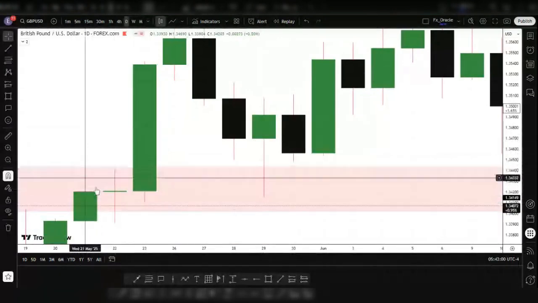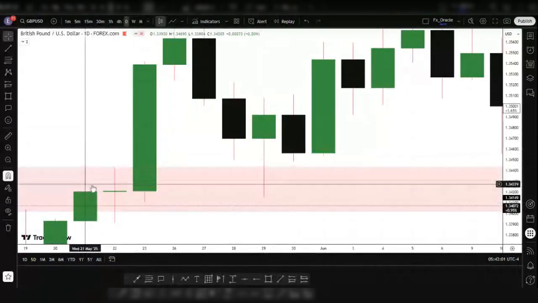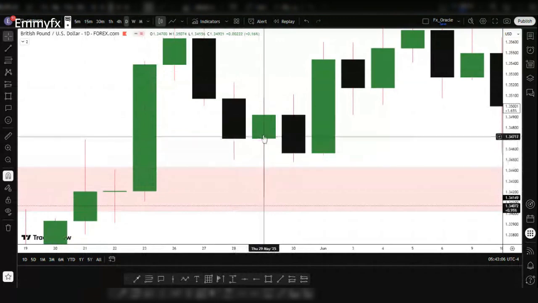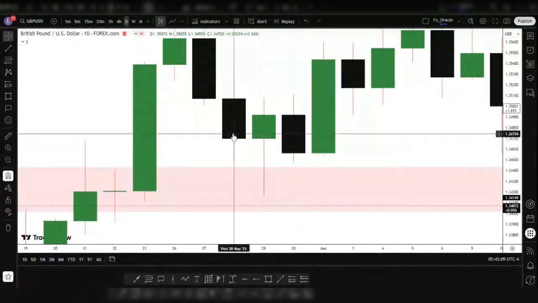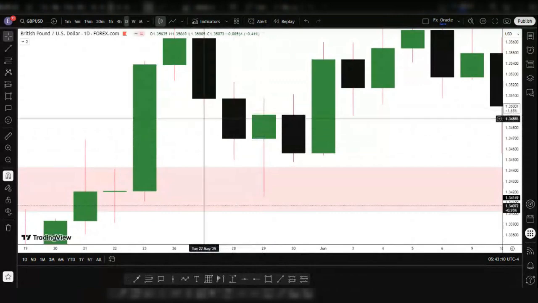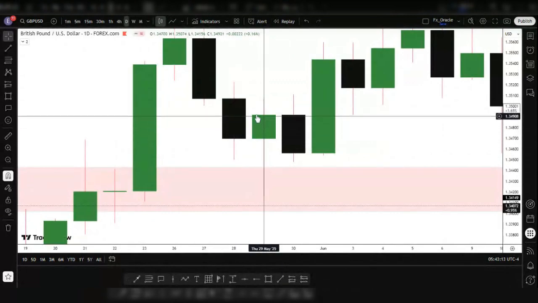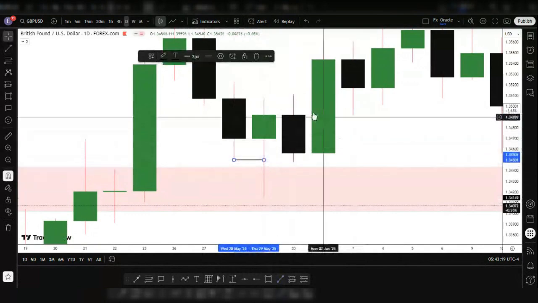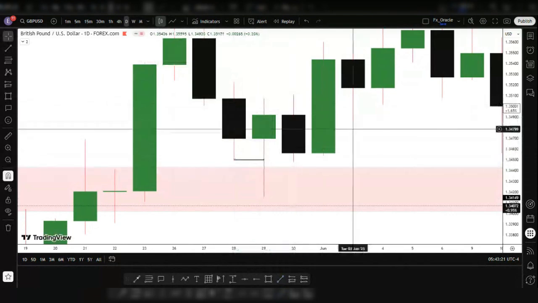Immediately it tapped on top of our support that was broken, we had this rejection. See the pin bar. Like I said, forget about the body, focus on how it reacts, the kind of candle that was given to you at that point. Now we had this rejection.